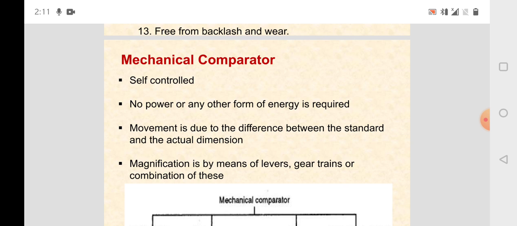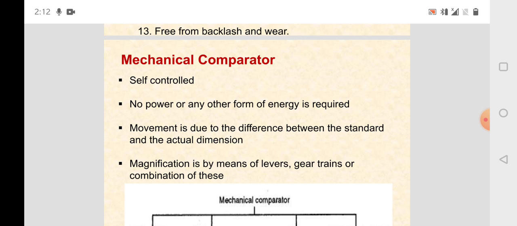No air pressure, no electrical supply, no light source for radiation is used. So it is self-controlled. It has a compact design, and we can very easily handle it. No power or other form of energy is required.